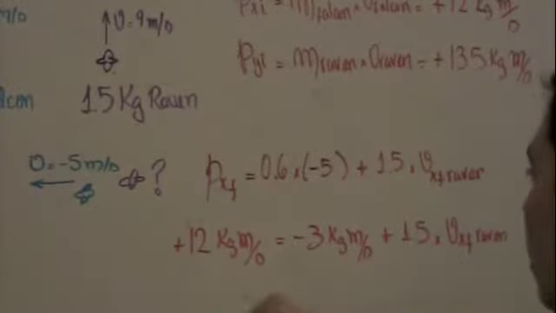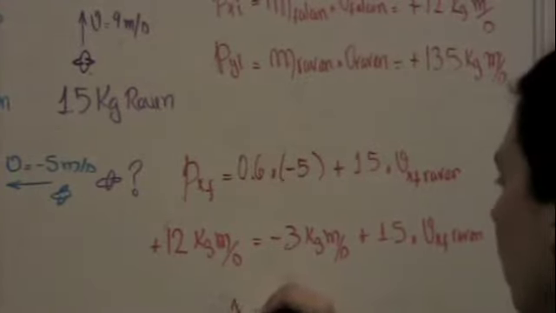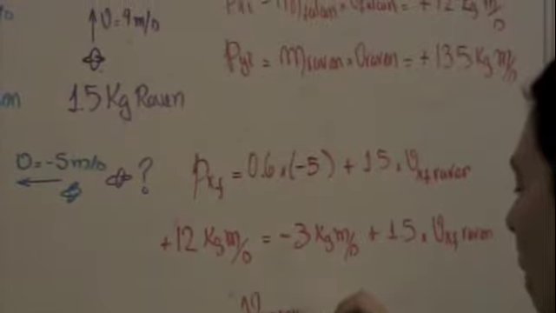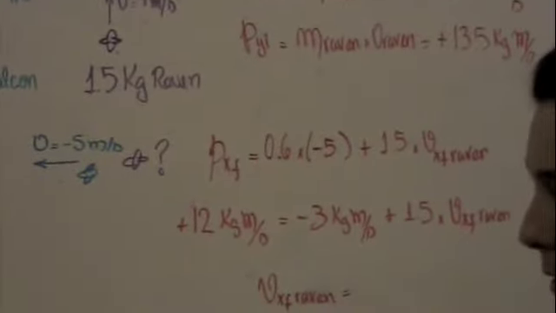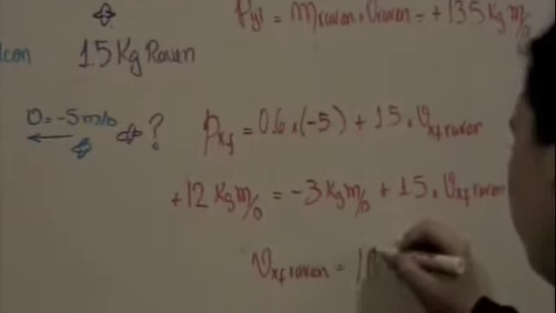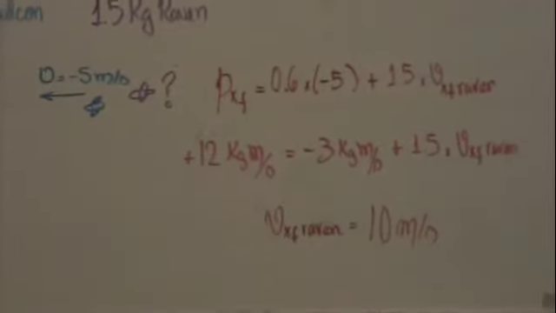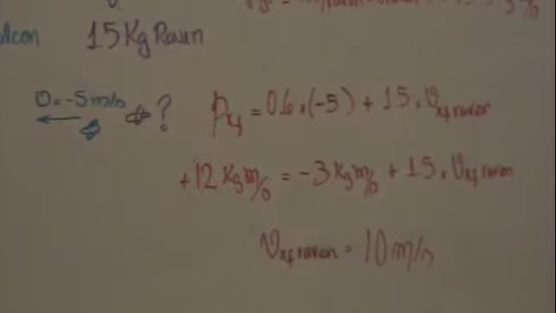And if you solve here, you'll find that the Vx final of the raven is 10 meters per second. Alright? 10 meters per second.